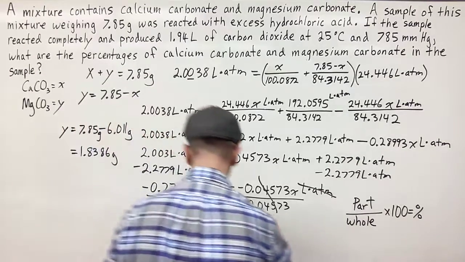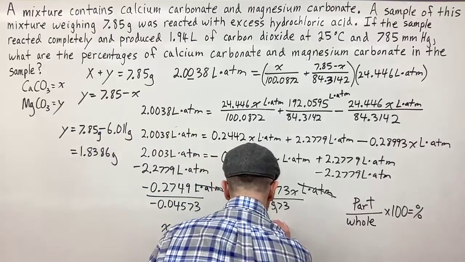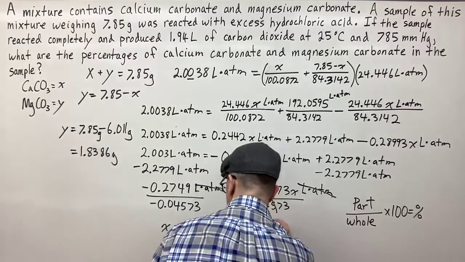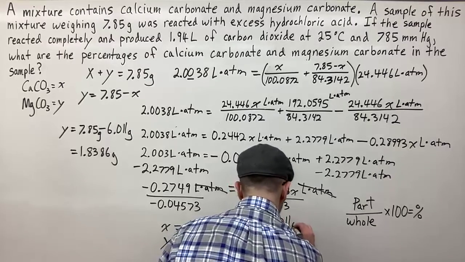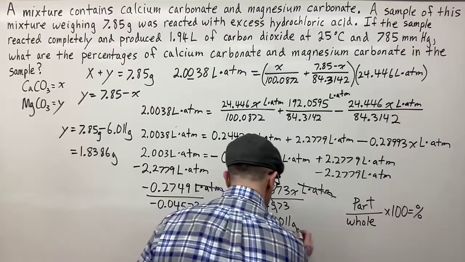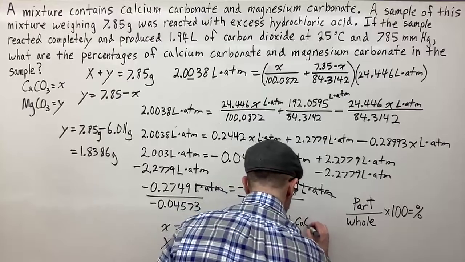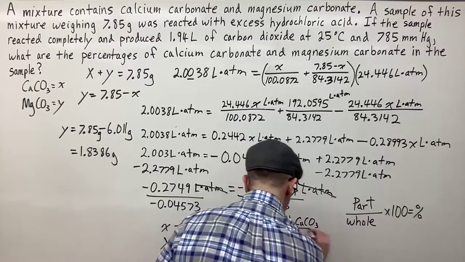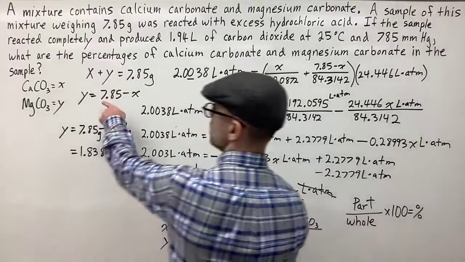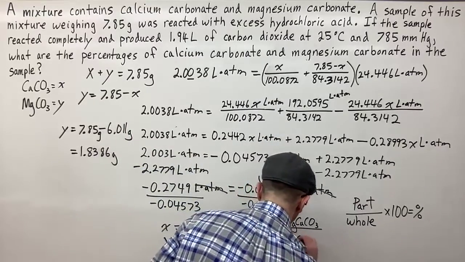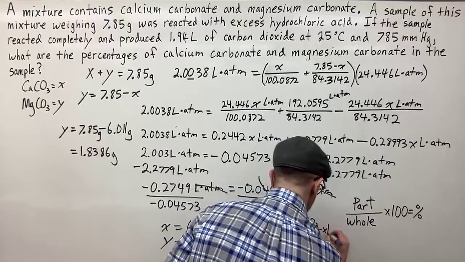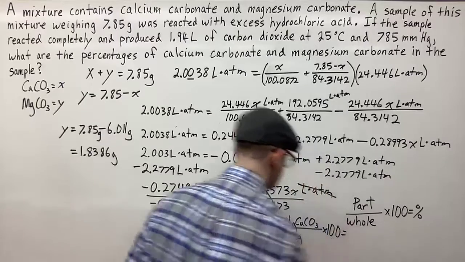So in this case, we'll take x. So x is going to be 6.011 grams of the CaCO3. Divide that by the grams of the total, which is 7.85 grams. And then we multiply that by 100.